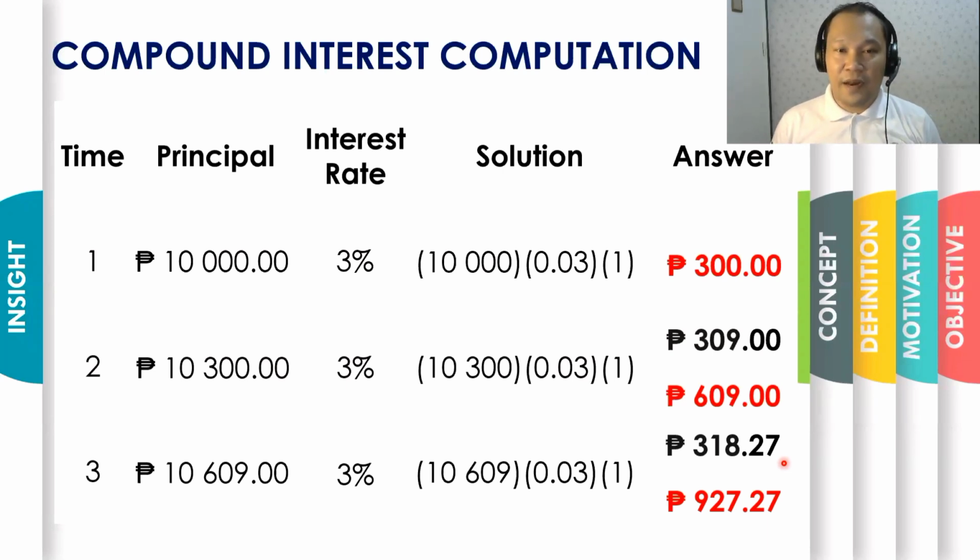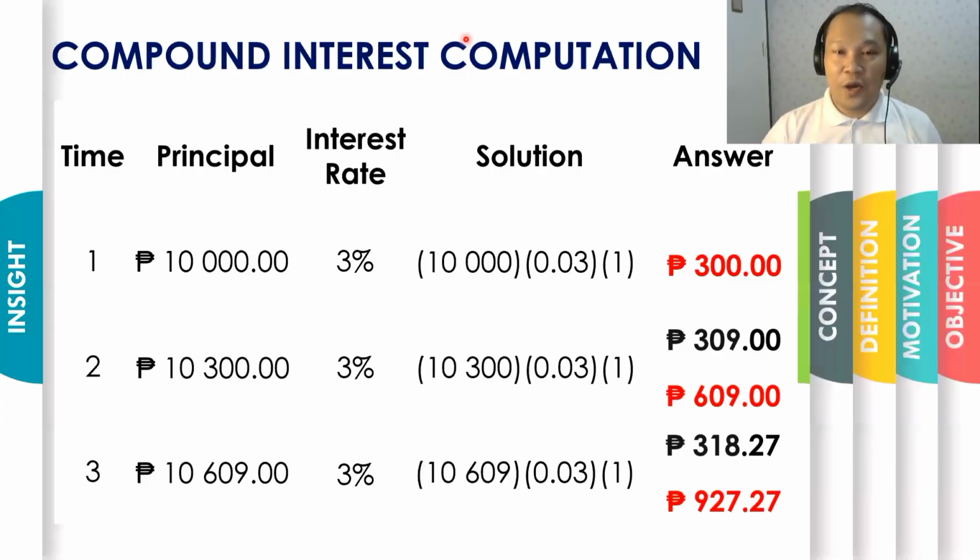And that is the difference between simple interest and compound interest. For the reason that when we talk about simple interest, the interest earned is just constant throughout the years. Unlike with compound interest, the interest earned will accumulate another interest. Therefore, the concept under compound interest is the exponential function.